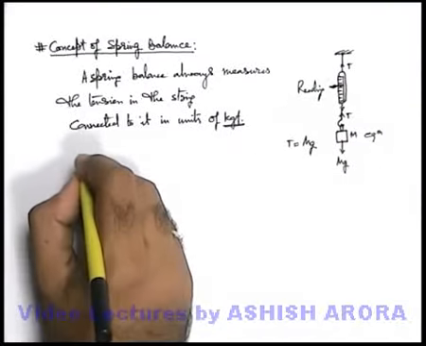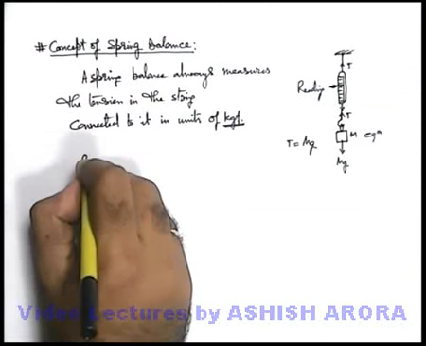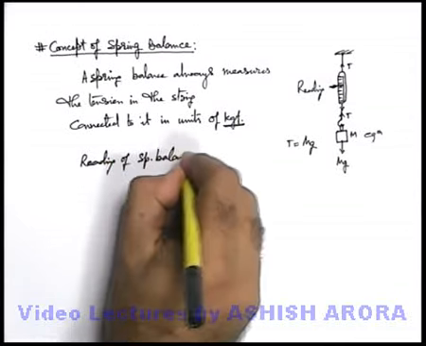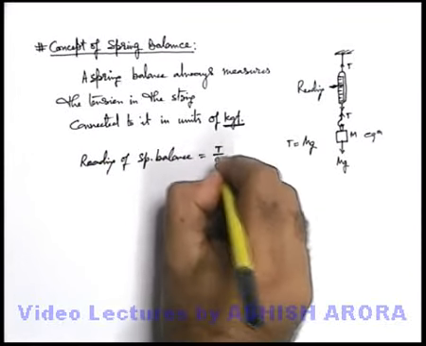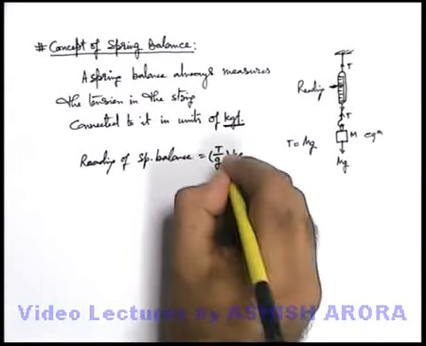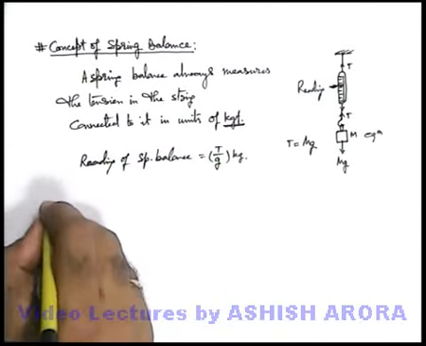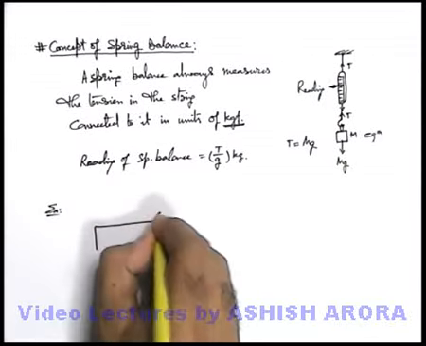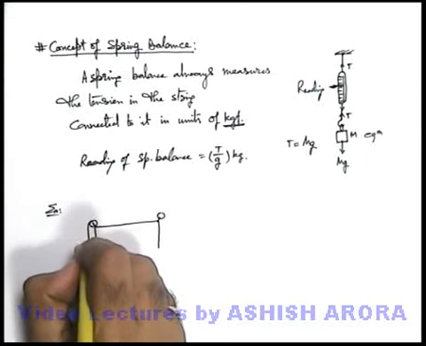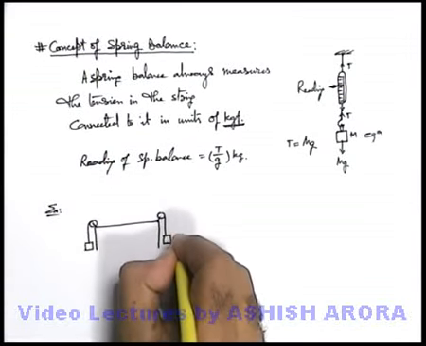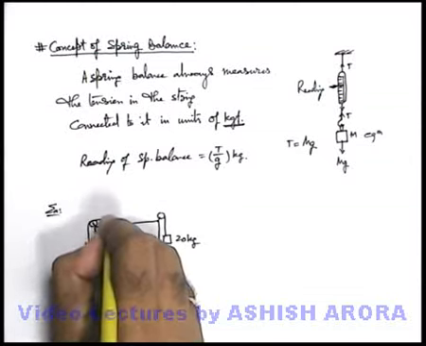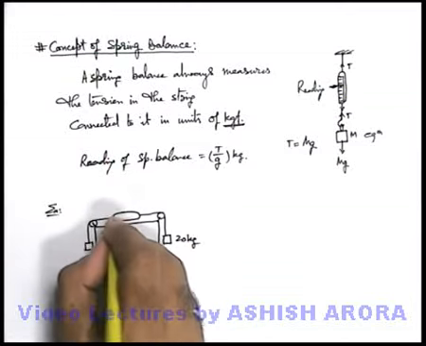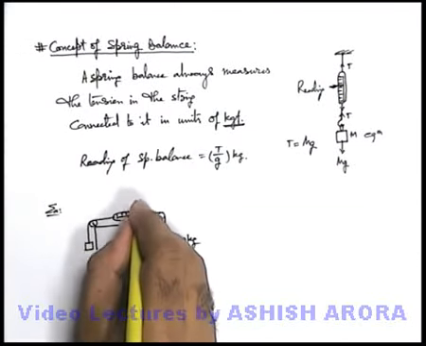Similarly here, if we wish to calculate the value of the reading, the reading of a spring balance can directly be written as tension divided by g, and it is measured in kilograms if tension is measured in Newton. For a simple example, we can see there is a table, on the two sides there are two pulleys, and two blocks of equal masses 20 kg are hanging, and in between on the table, in the string to which the masses are connected, a spring balance is connected like this.